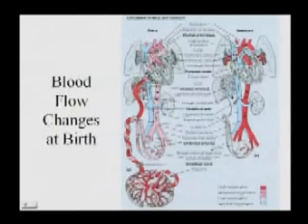And the flow, especially coming from the umbilical vein, is almost straight to the foramen ovale, and it is basically shunted into the left atrium so that it can get into the left ventricle and be sent out through the aorta.